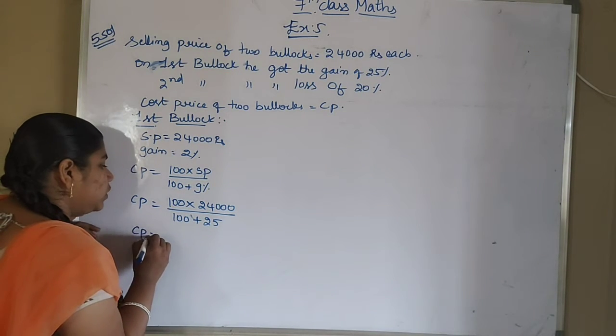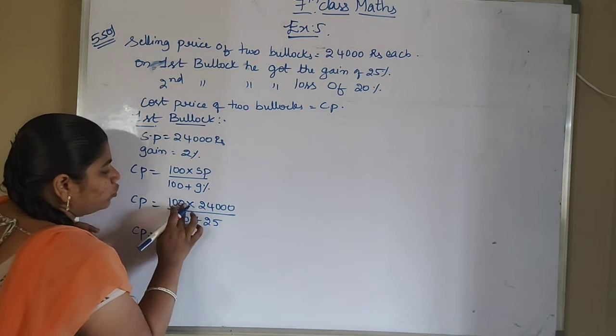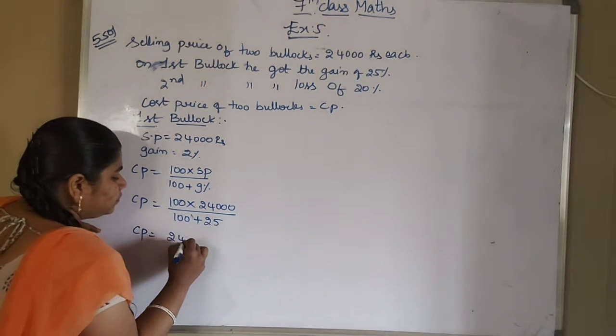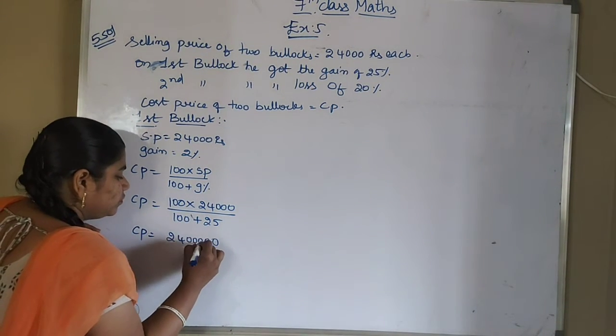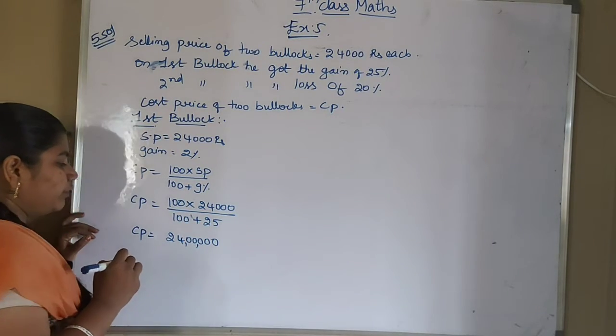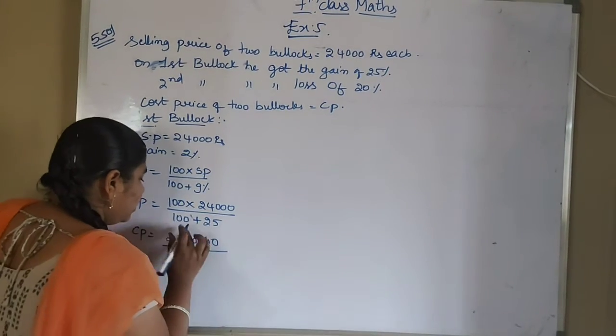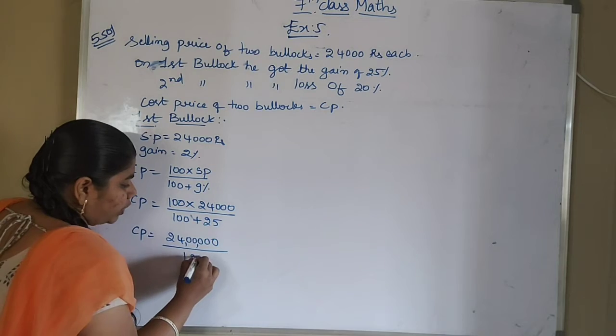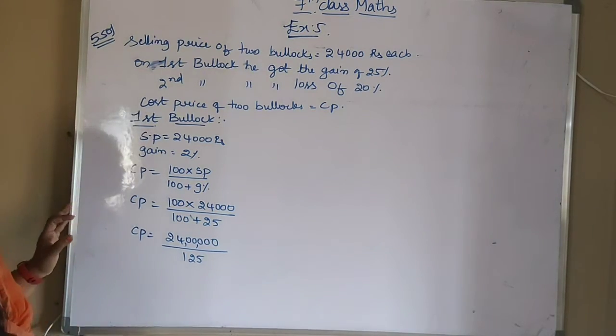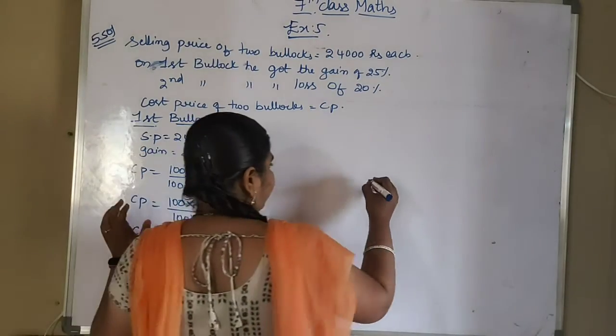So CP is equal to, multiplying these two, more zeros will be added here. That will be 24 lakhs by 100 plus 25, which is 125. Now you can cancel in the 5 table. Directly I am dividing here.